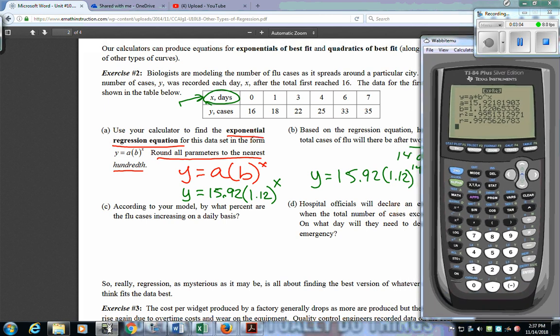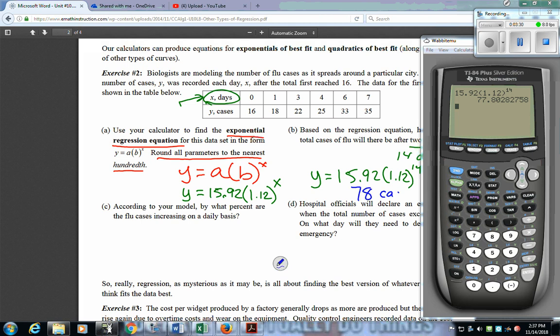I'm going to go back up to my calculator and type that in: 15.92, parentheses 1.12, raised to the 14, because we put 14 in for x. So in this case, after 14 days, and since the answers in the table are whole numbers, we'd expect to see 78 flu cases.